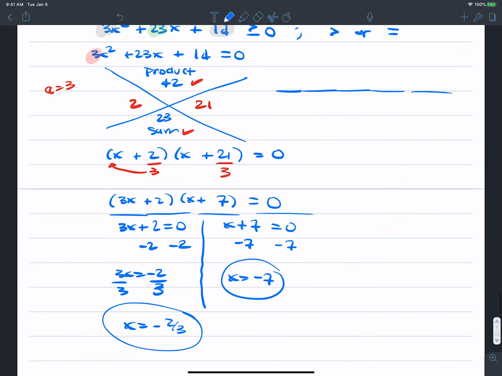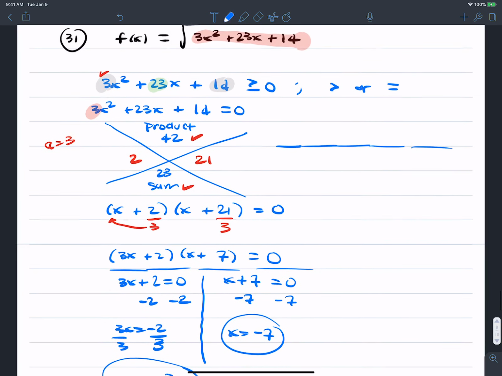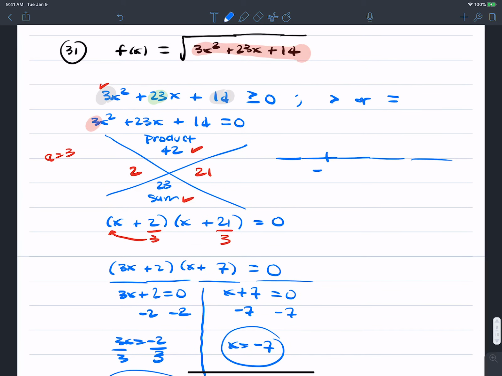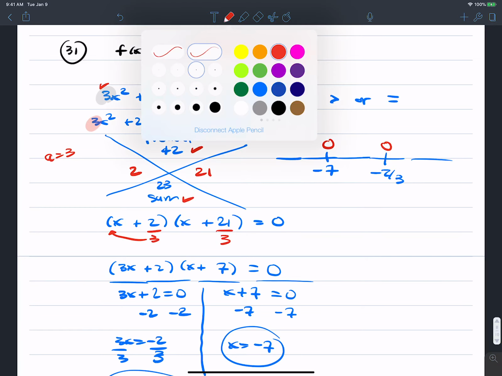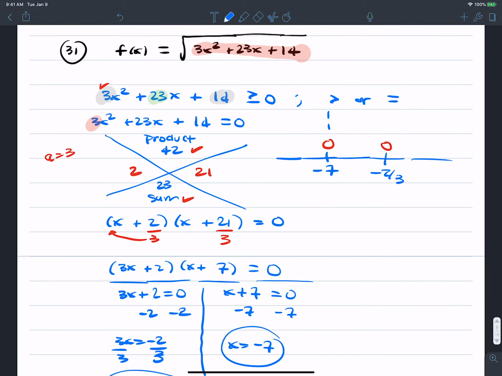Negative 7, negative 2/3. So negative 7 is smaller than negative 2/3. This is where that product is 0. 1, 2, 3. 3 regions.